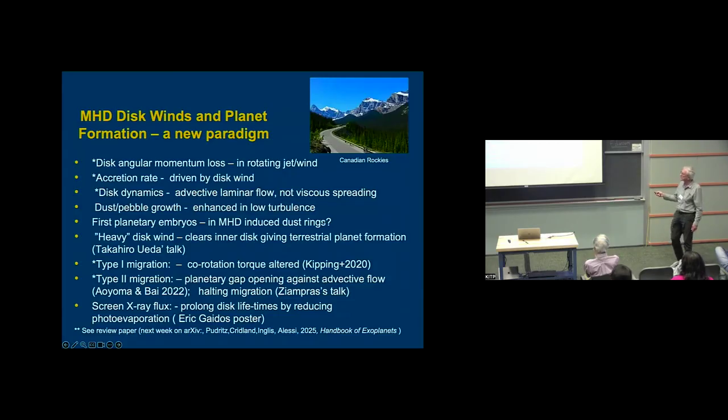Type 2 migration, we are now opening a gap not against viscous material, but against the advective flow driven by the wind. And finally, we can screen, sorry for my handling here, we can, in Eric Gaidos' intriguing poster, he shows that the disk wind can actually screen X-ray flux from the central star, prolonging the life of a planetary disk perhaps to 20, 30 megayears.